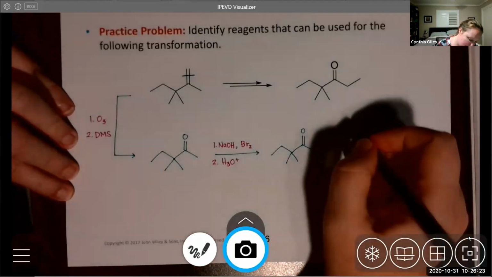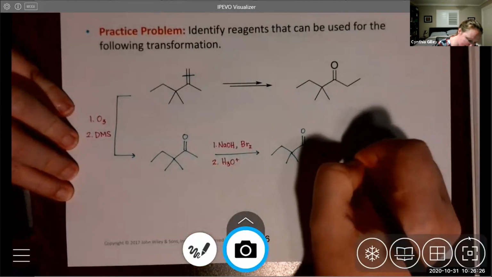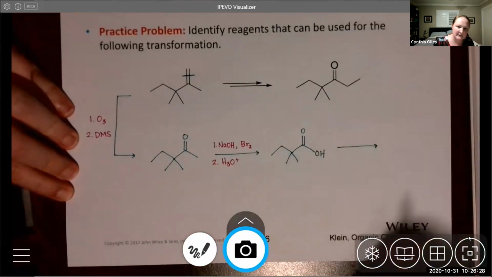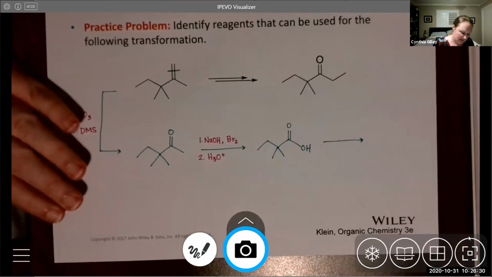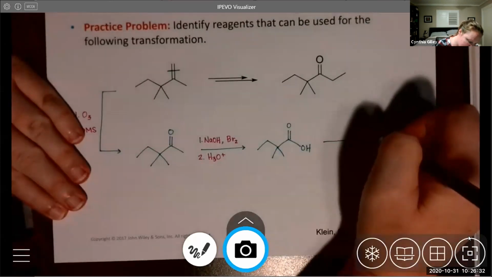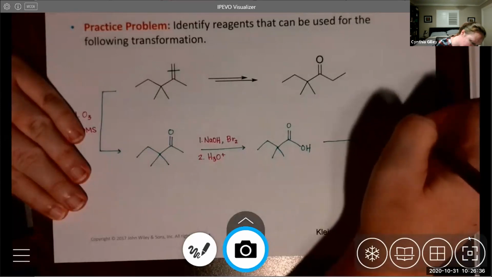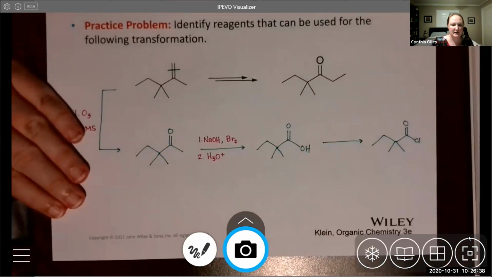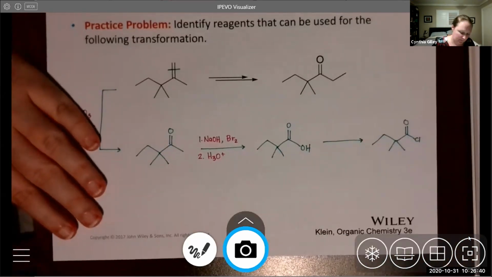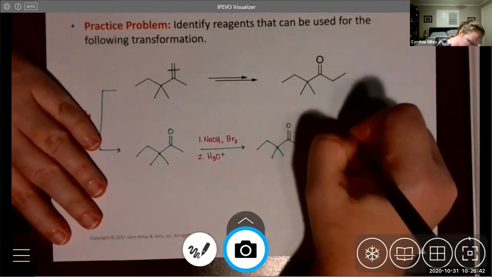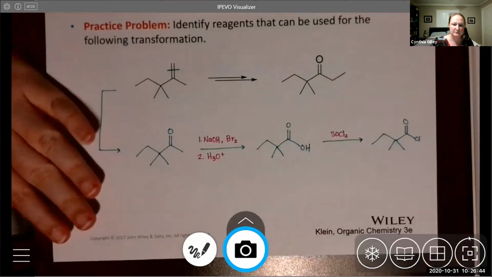Recall that if we want to react a carboxylic acid to form a ketone, it would be best to first convert the carboxylic acid to an acid chloride, because acid chlorides are much more reactive than carboxylic acids. We do that using thionyl chloride.